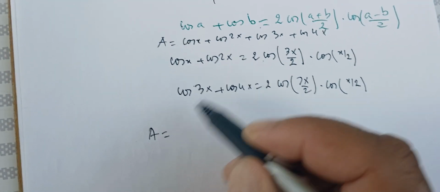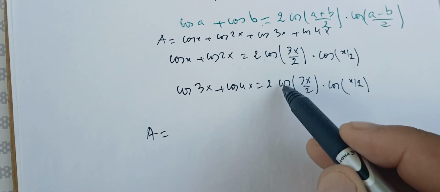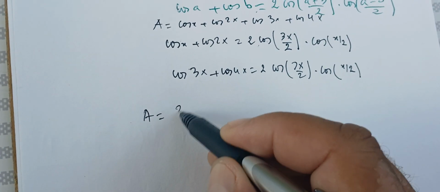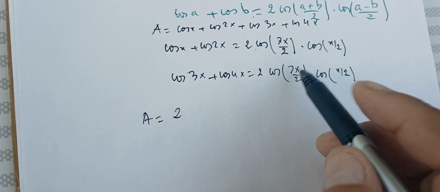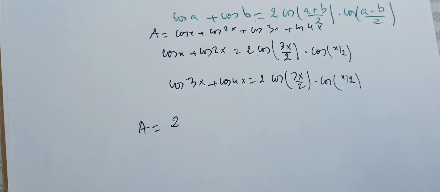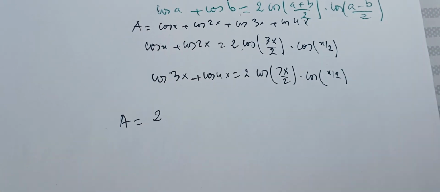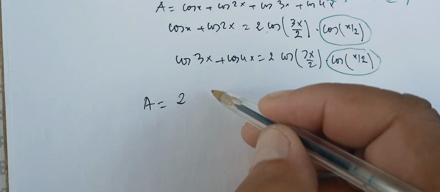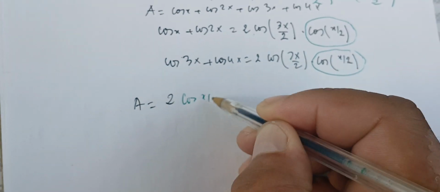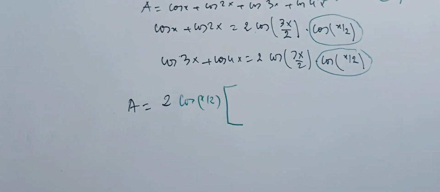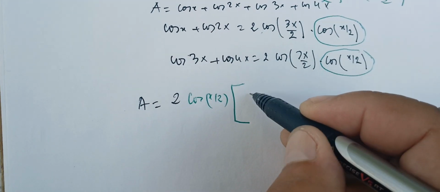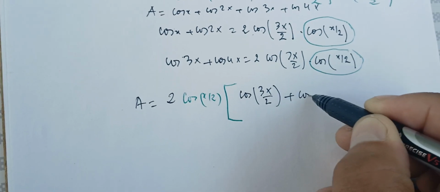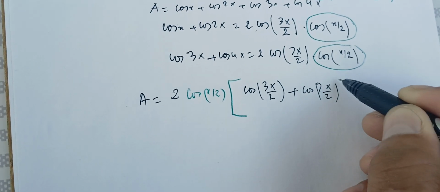After I add these two, it will become 2, and since I have this one here as a common factor, I'll write it outside. So I have 2 cosine of x over 2 times cosine of 3x over 2 plus cosine of 7x over 2.